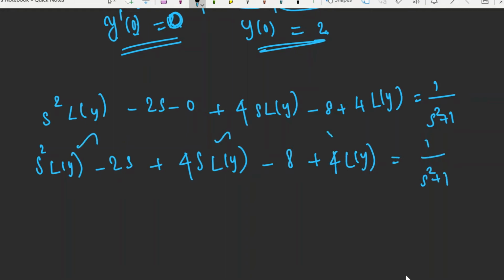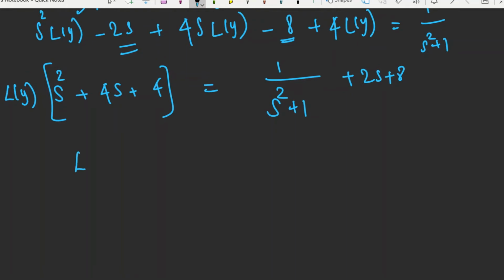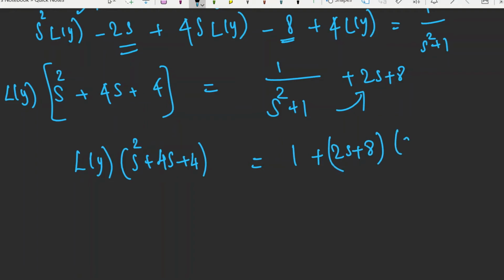As usual, keep the L of y terms on the left side. Taking L of y as common, the terms are s square plus 4s plus 4 equals 1 by s square plus 1. Move the other terms, that is minus 2s minus 8, to the right side, so 2s plus 8. Now s square plus 4s plus 4 equals, taking LCM, 1 plus 2s plus 8 times s square plus 1, divided by s square plus 1.